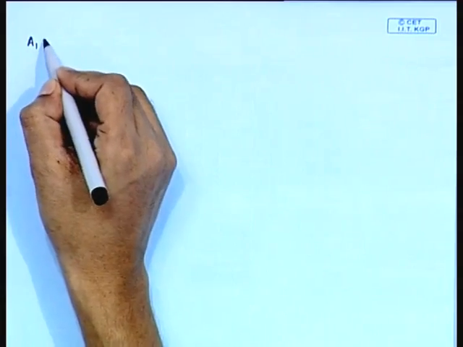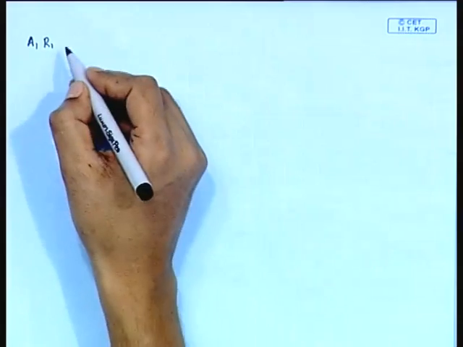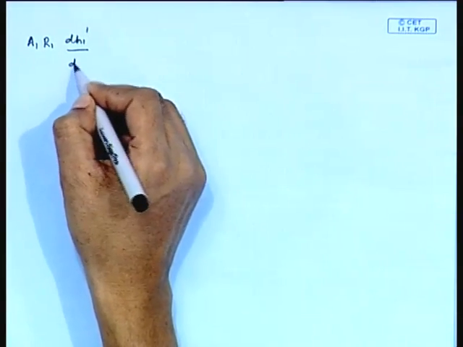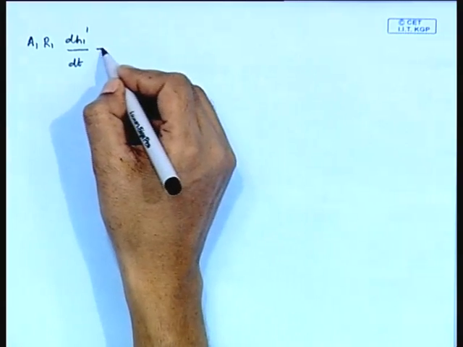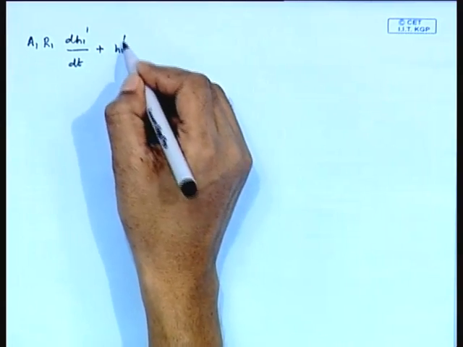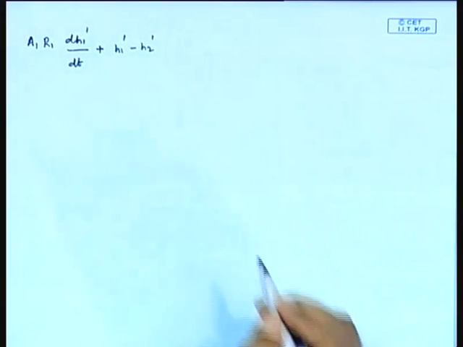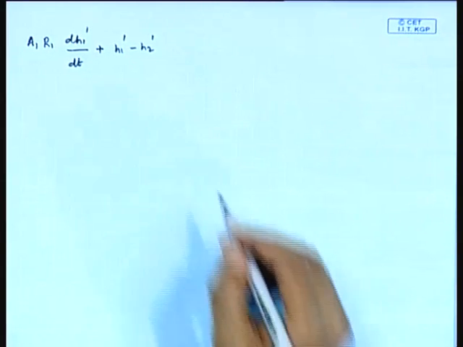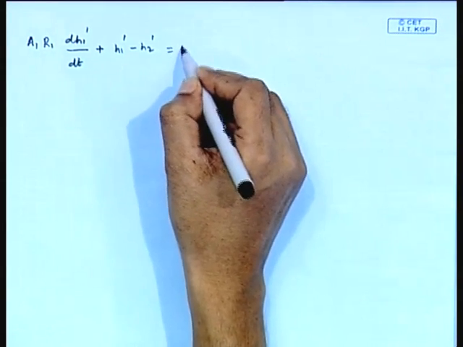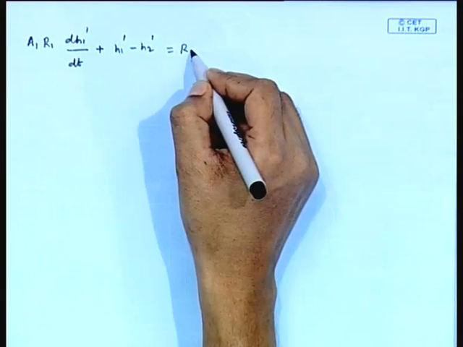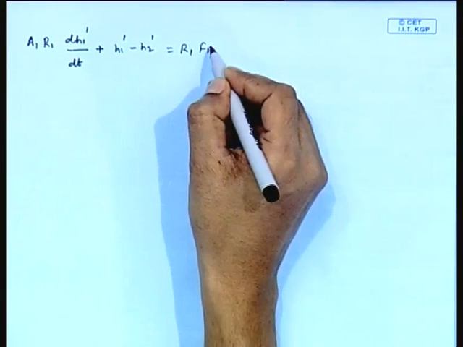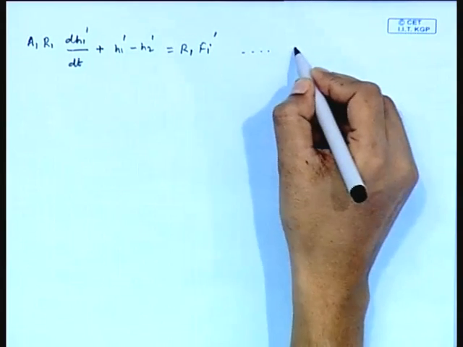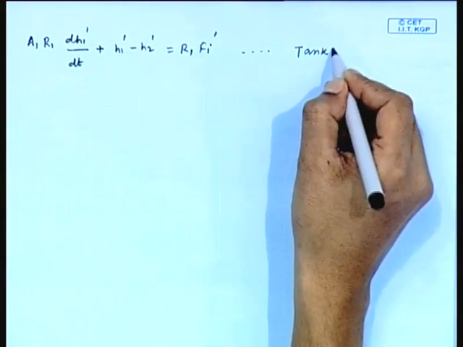So, for tank 1 we can write the modeling equation in terms of deviation variables, and we obtain A1 R1 dH1 prime dt plus H1 prime minus H2 prime equals R1 Fi prime. This is for tank 1.